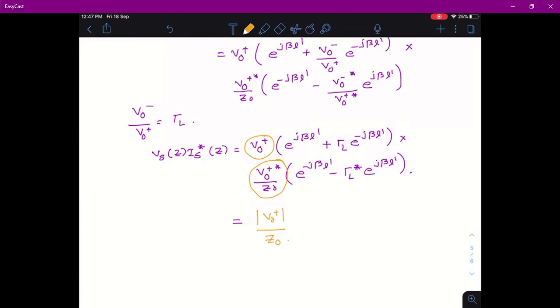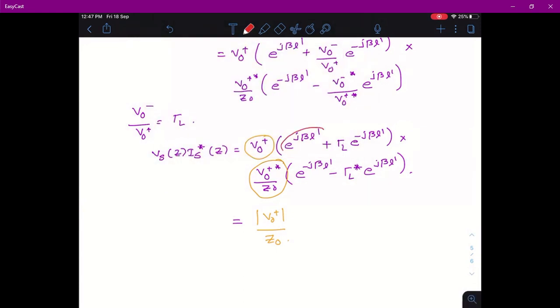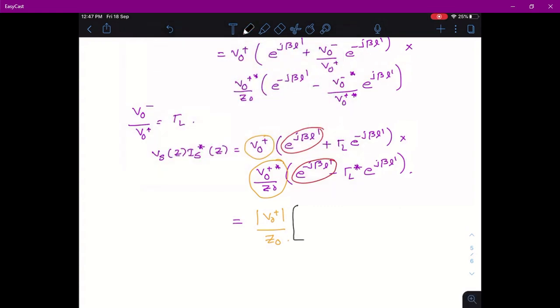Okay. Now, if you multiply e raised to j beta L dash into e raised to minus j beta L dash, you will get 1. So, this will be 1.